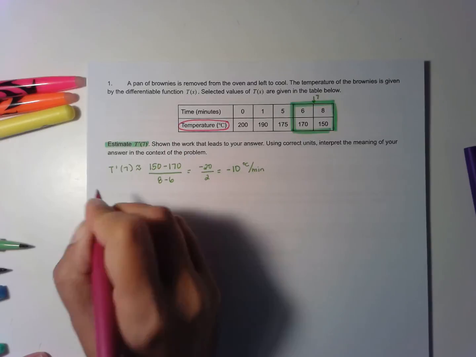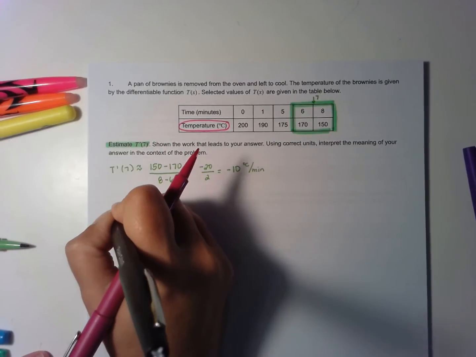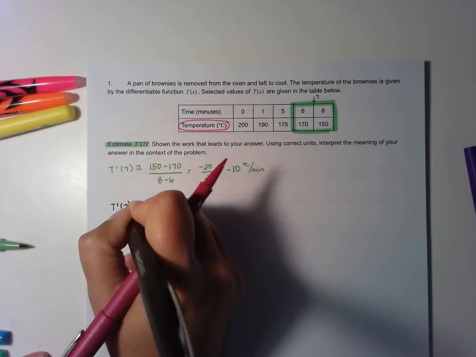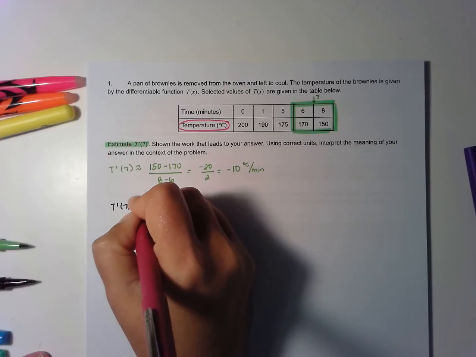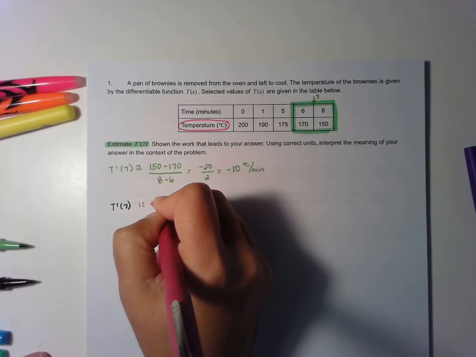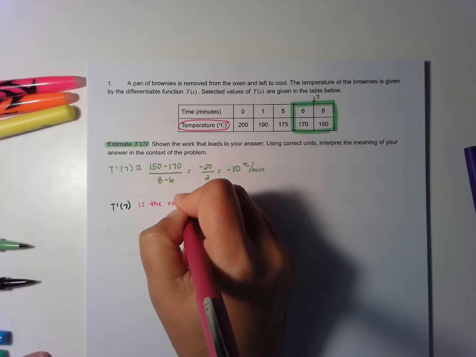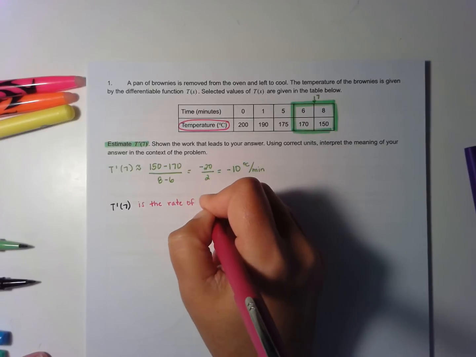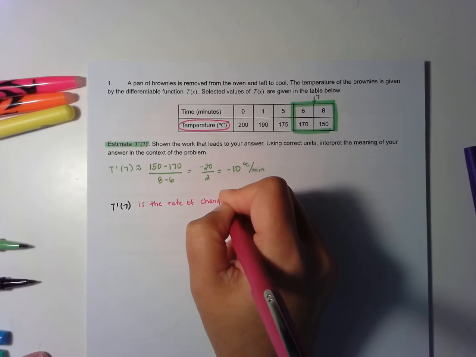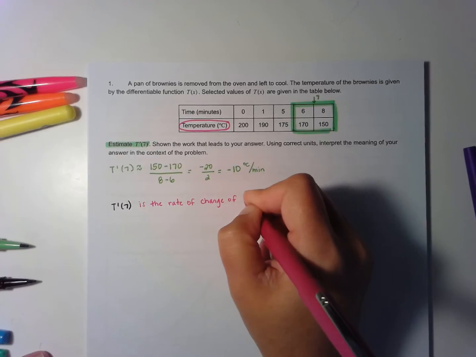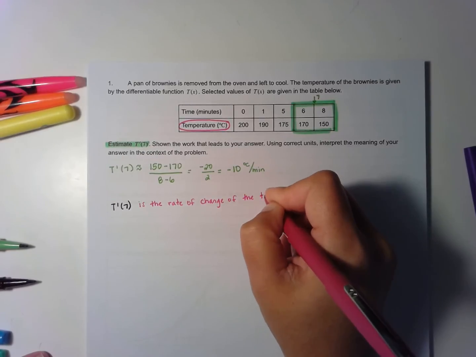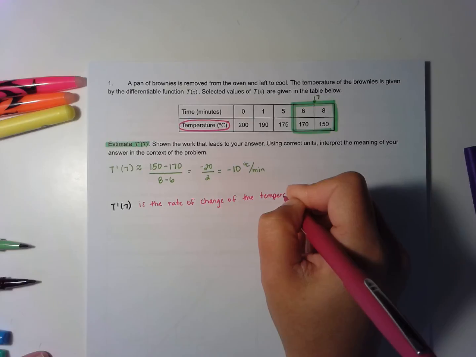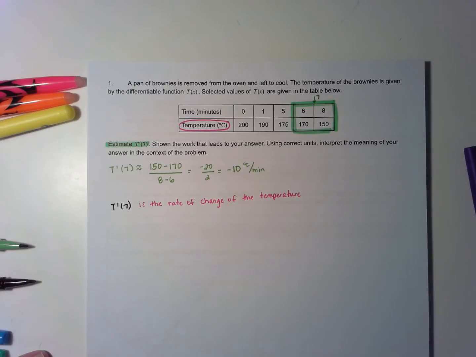So T prime of 7 is the rate of change of the temperature, and then we need units.